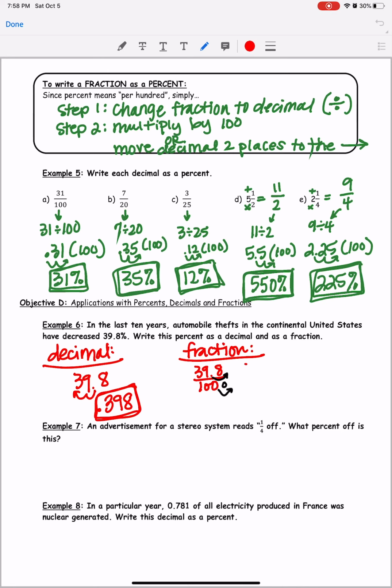So now this becomes 398 over 1,000. And now let's divide. So I don't know what this will be as a simplified fraction. So I guess we'll start by dividing by 2. So 398 divided by 2 is 199. 1,000 divided by 2 is 500. And I actually believe that's as simplified as that gets.